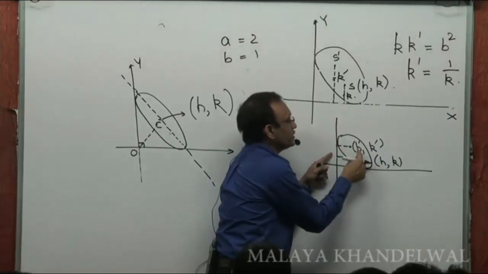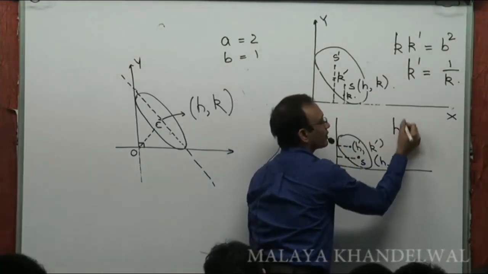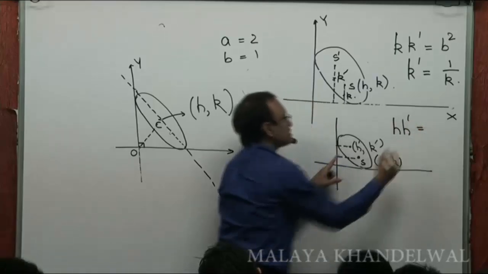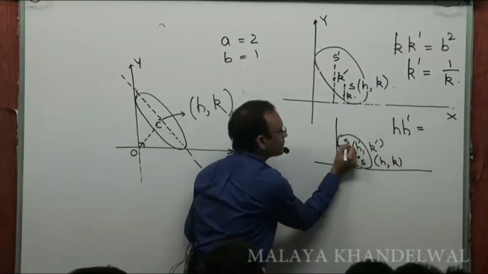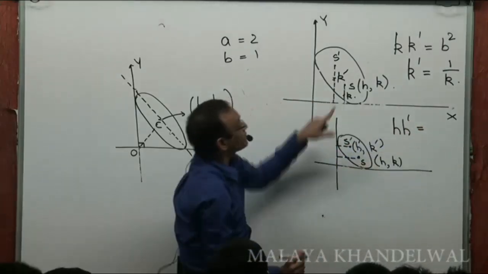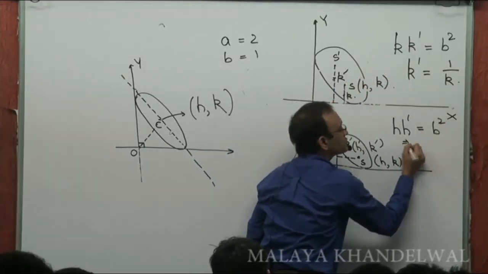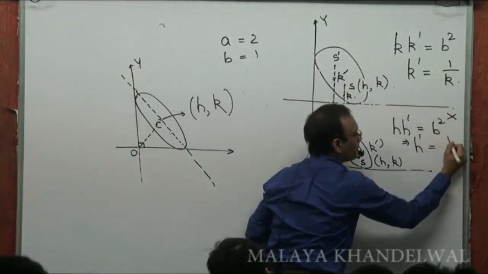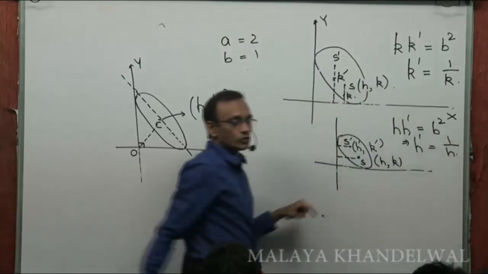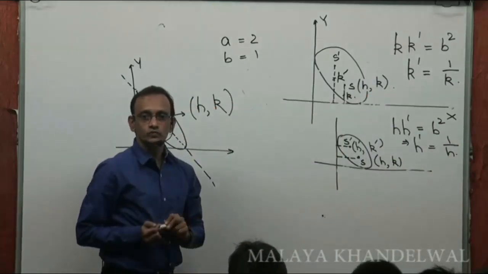So h into h prime, where h prime is the x coordinate of S prime, would be b squared. So h prime would be 1 by h. Yes or no?